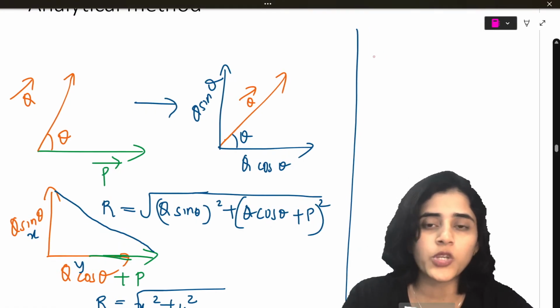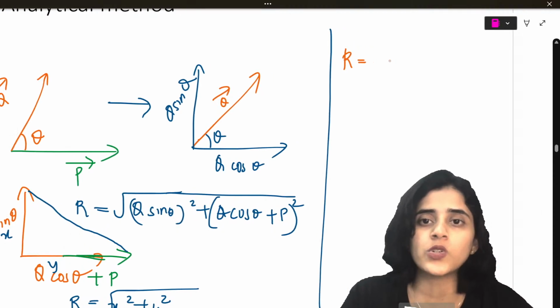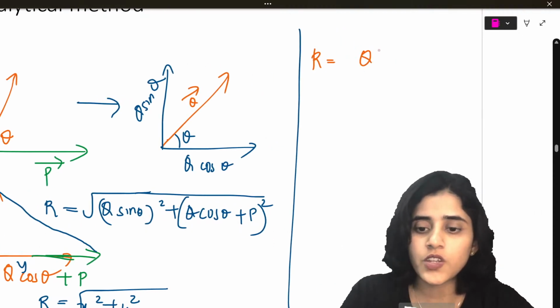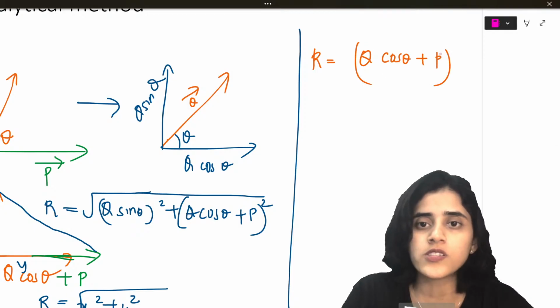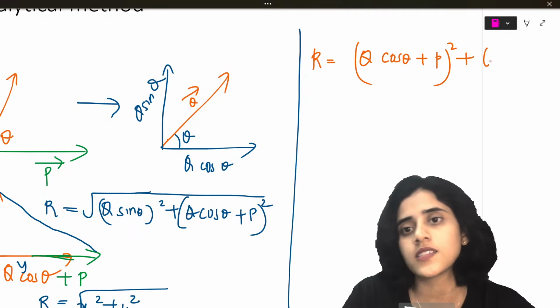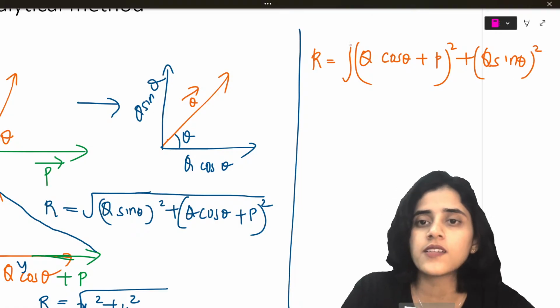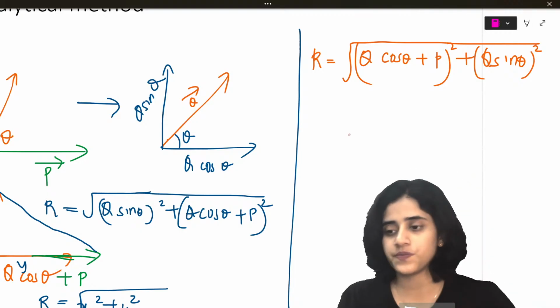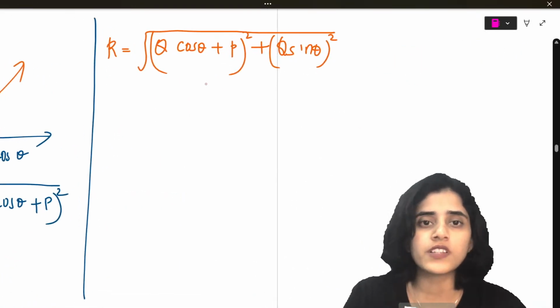So now what do you have? You have R is equal to the square root of Q cos theta plus P the whole square plus Q sin theta square. So let's solve it.